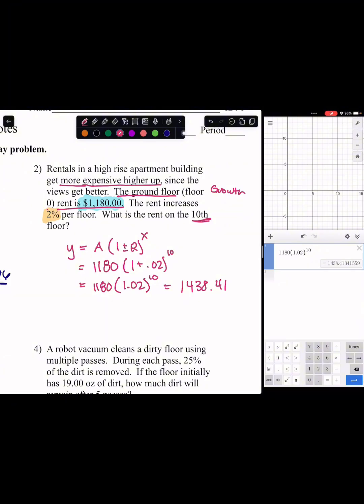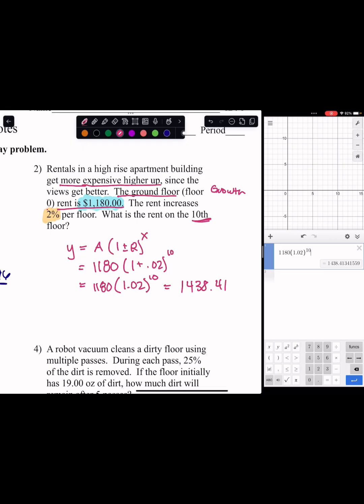So this is going to be 1,438.41. So what this is saying is that you go to get your first apartment. It's in the skyrise. The very first floor, it's $1,180. Every floor you go up, it's an increase in the price of 2%. So if you're like, hey, I want to stay on the 10th floor, your rent would be $1,438 because they raise it the higher you go. I guess maybe because you get better views. What if you want to stay on the 20th floor?